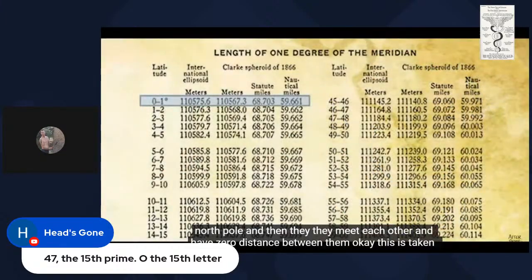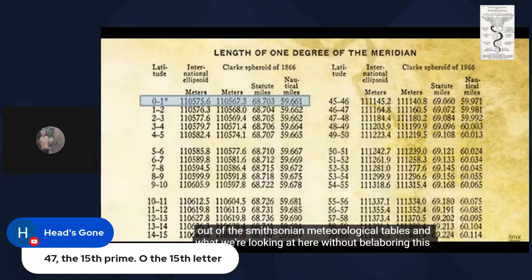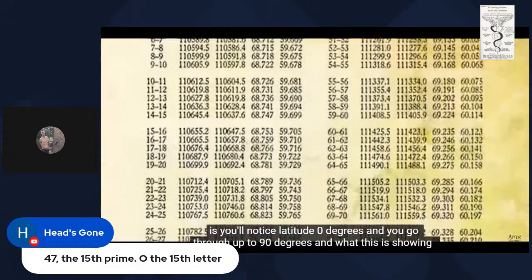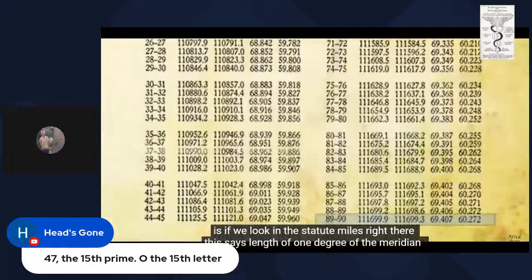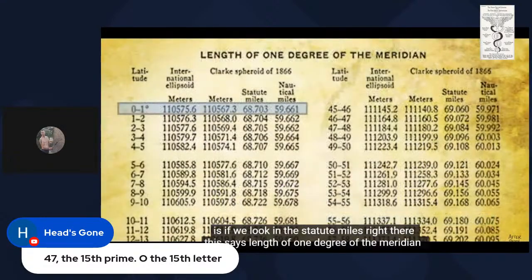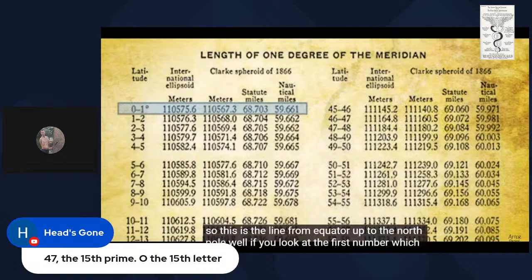Okay, this is taken out of the Smithsonian meteorological tables, and what we're looking at here, without belaboring this, is you'll notice latitude 0 degrees, and you go up to 90 degrees. And what this is showing, if we look into statute miles right there, this says length of 1 degree of the meridian. So this is the line from equator up to the North Pole.